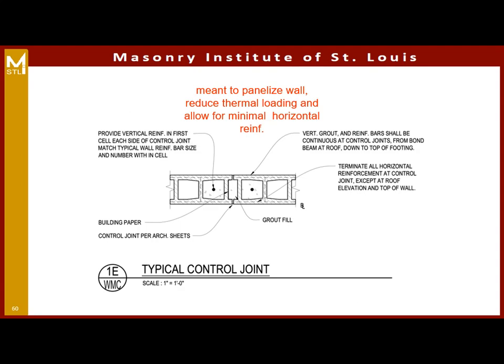So control joints, as I mentioned, they're there to panelize the wall and give us better thermal performance in conjunction with minimum horizontal reinforcing. We know we're going to get cracks, so if we do this right, they're going to happen at the control joints and not be an aesthetic issue like they would if they were cracking through a block.